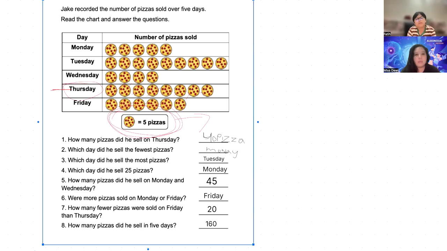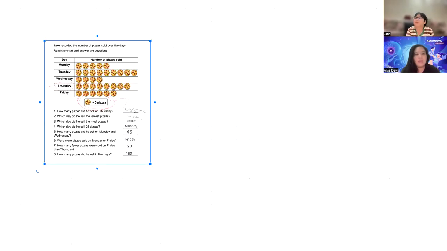So let's count. You get 1, 2, 3, 4, 5, 6, 7, 8. It means there are 8 symbols. Remember, it's not 8 pizzas. That's only the symbols. Okay, you get 8 symbols of pizza.